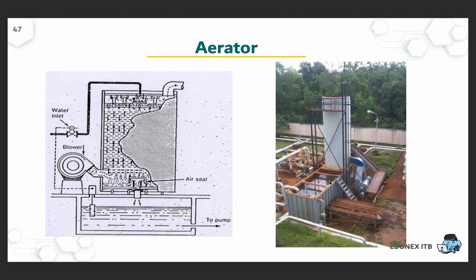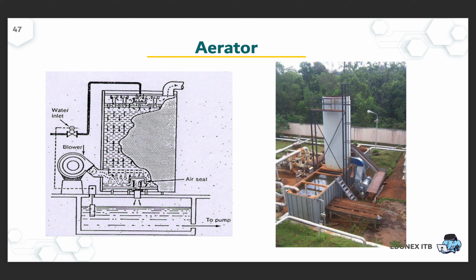This is the schematic setup of the aerator. Usually the water comes from above, and then goes to a valve, and sometimes in that valve they also have an atomizer, so the water goes to the aeration tank as droplets.